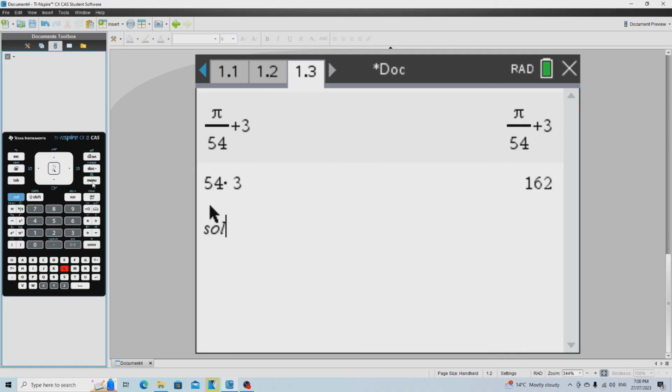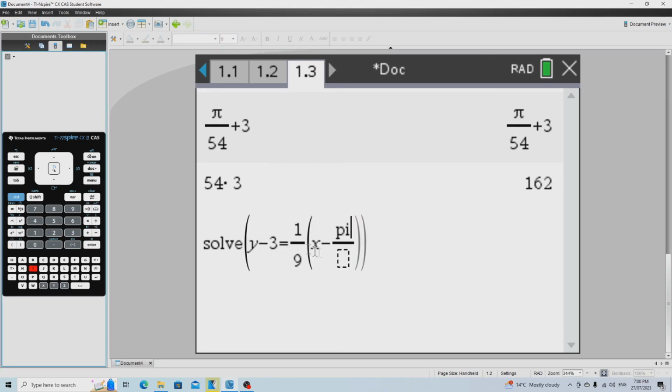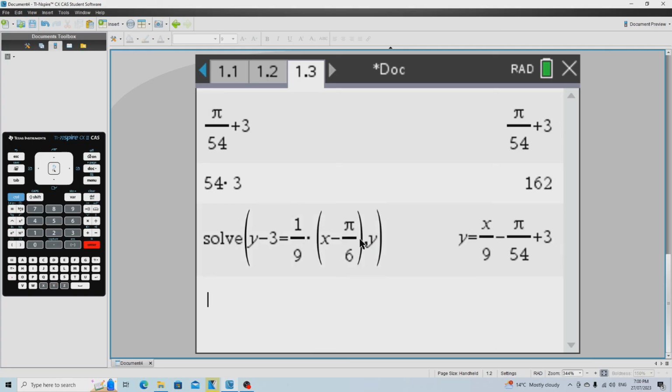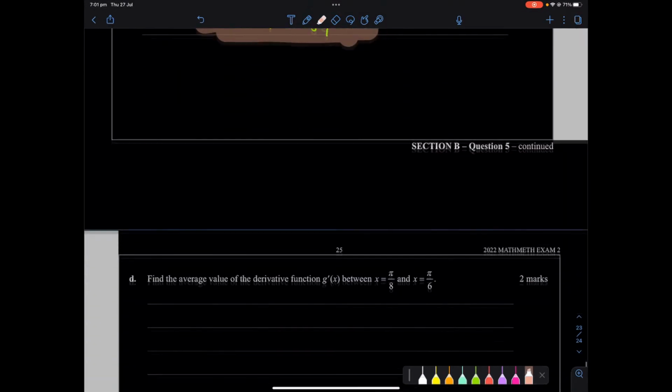Let me just solve it to be safe. Solve y minus 3 equals 1 on 9 times x minus pi on 6. We could have just left it as that, but we'll keep it just as that over here. Okay, move on to the next question.